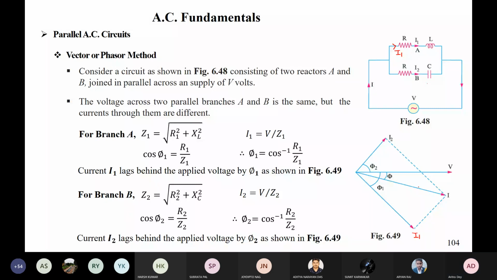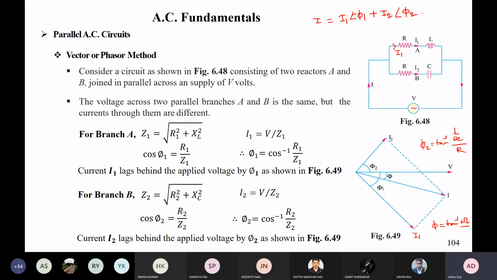Phi 1 will be tan inverse omega L by R, right? And for the other path, which is I2, it will be leading because it is capacitive in nature, and this phi 2 will be tan inverse of 1 by omega C divided by R. Once you get this, if you want to add these two, we can write I is equal to I1 angle phi 1, which is lagging, plus I2 angle phi 2, which is leading.